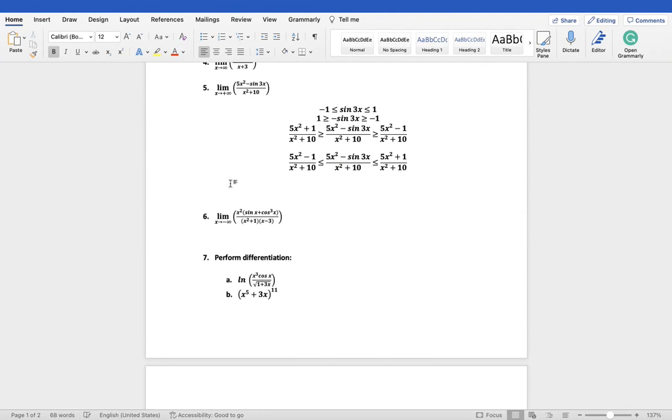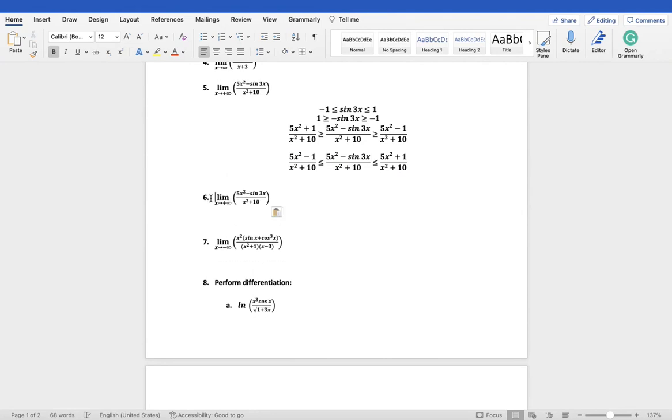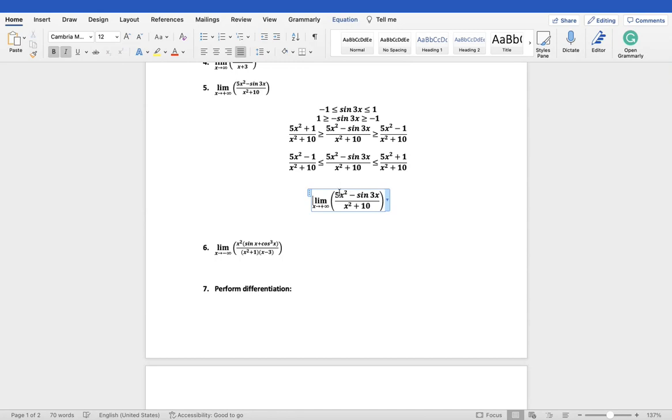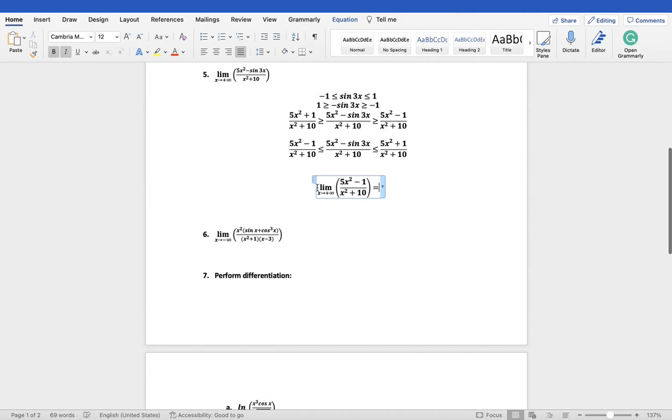So what you do is you just try now to determine the limits of the functions. Let's take first the function on the left-hand side, 5x squared minus 1 over x squared plus 10. Since x squared is the highest degree in the numerator and denominator, you divide by x squared everywhere, which is, I'm sure, what you did with Dr. Mshlongo.